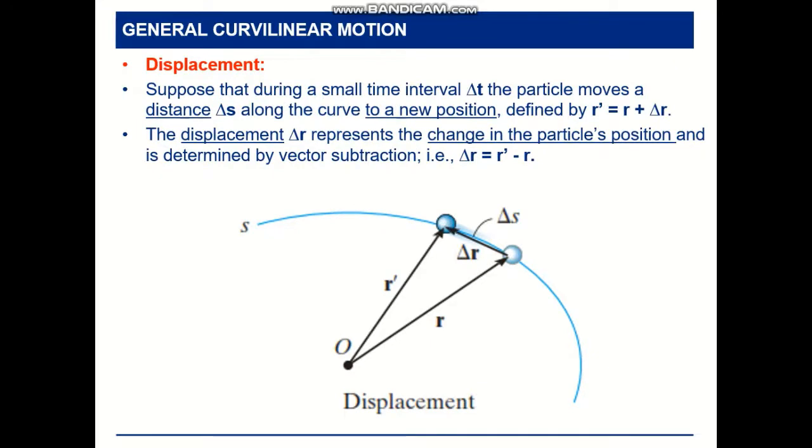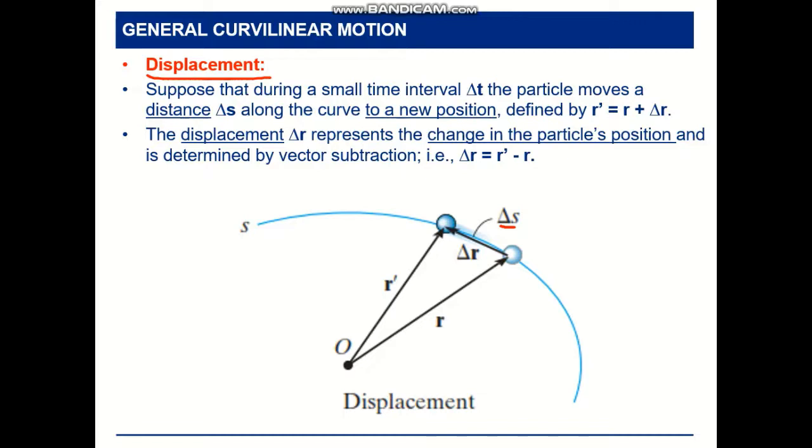Let's see also displacement. Displacement is the difference between r and r prime, which is when the time changes, the position is also changing. So there is the displacement, which is represented by delta s.